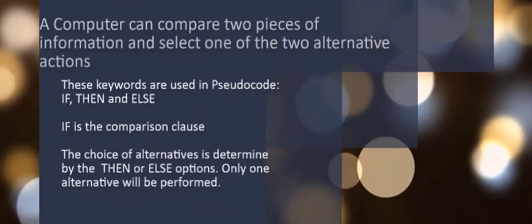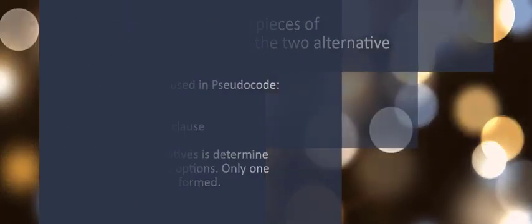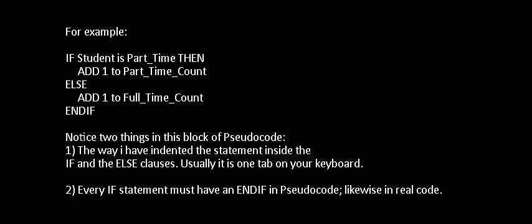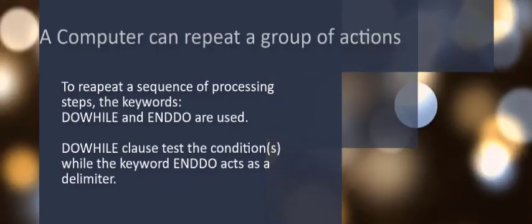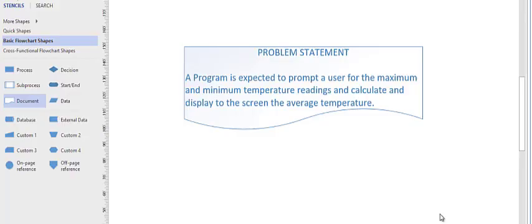Number 5, a computer can compare 2 pieces of information and select one of 2 alternative actions. Number 6, a computer can repeat a group of actions. Okay, so now that you know the 6 basic operations that a computer can perform, let's start our first programming exercise.